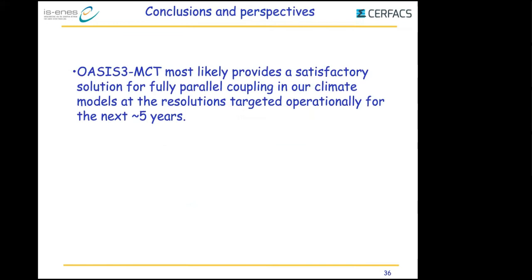And then as perspective and conclusion, we think that OASIS3-MCT will most likely still provide a satisfactory solution for fully parallel coupling in our climate models for the resolutions that are targeted for about the next 5 years. We don't think that OASIS3-MCT will disappear very fast, but still we have to plan for the next computing architectures.